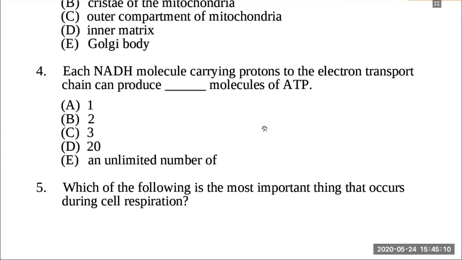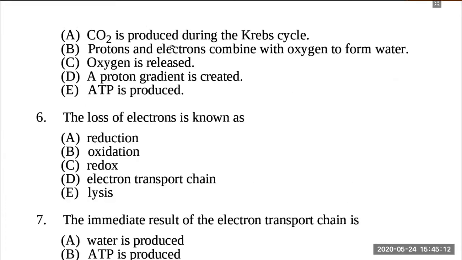Let us see what we have. We have CO2 is produced during the Krebs cycle. Yes, CO2 is produced, but it's not the most important thing that occurs during cell respiration. We have protons and electrons combined with oxygen to form water.